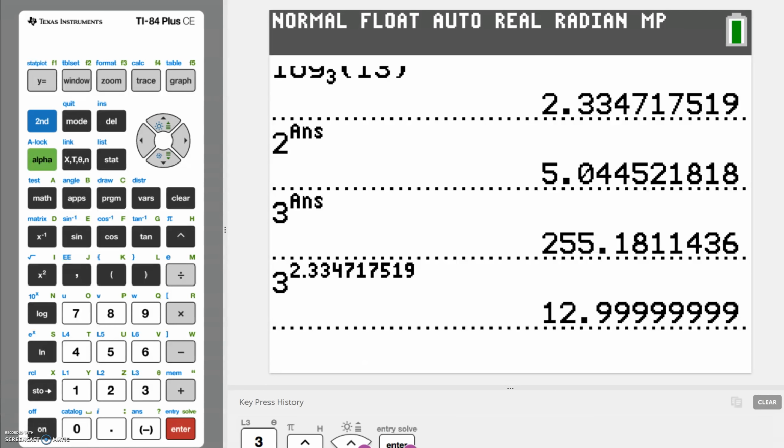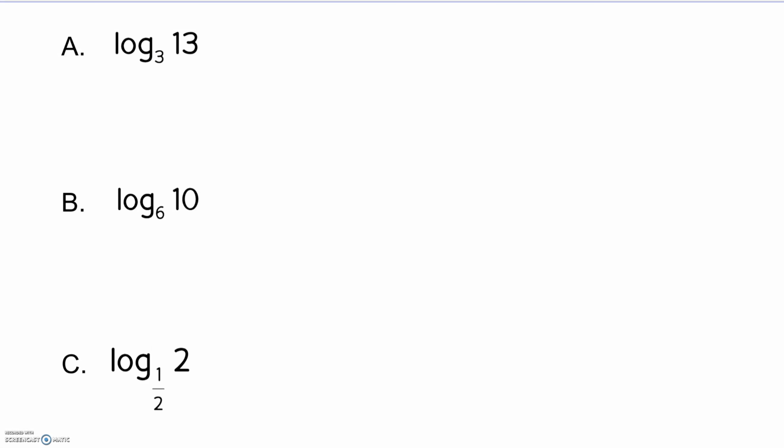All right, so that's how you can do it if you have a newer operating system. Now, if you don't, you're going to need to use the change of base formula. You should know the change of base formula anyway, even if you do have the newer operating system. You just want to change this to base e, which is what I did. Natural log of 13 over natural log of 3.